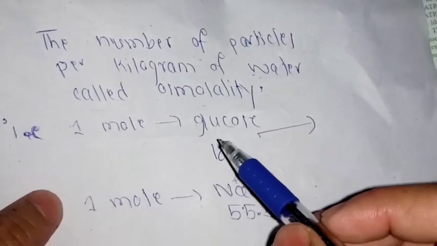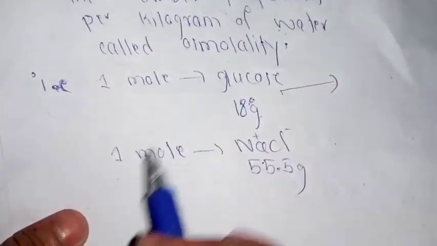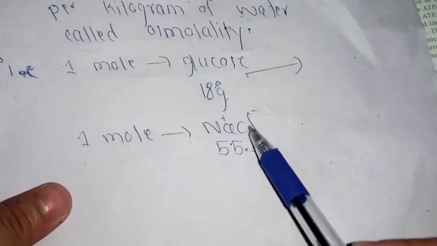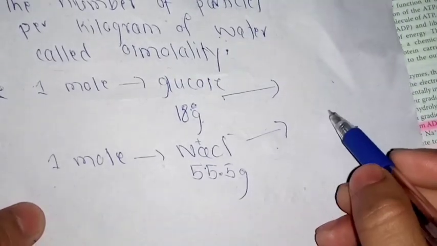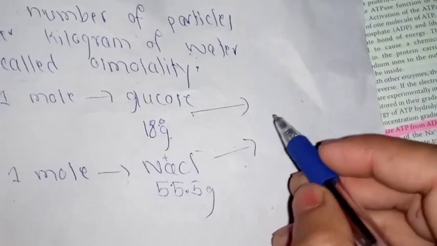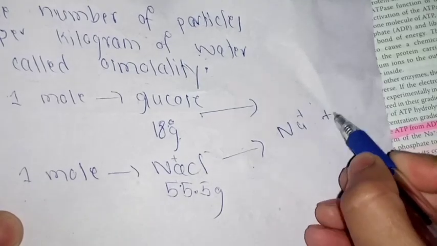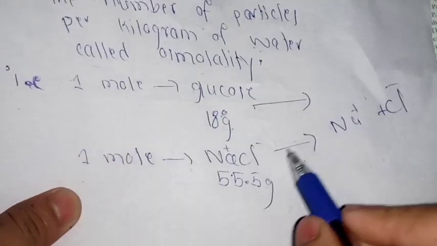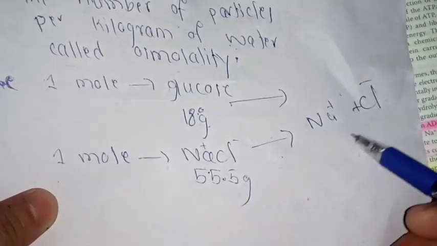So the osmolality of that solution which contains 1 mole of glucose will be 1. But if we take 1 mole of sodium chloride in a solution, the sodium chloride will dissolve into 2, sodium plus chloride. So the osmolality of that solution will be equal to 2.